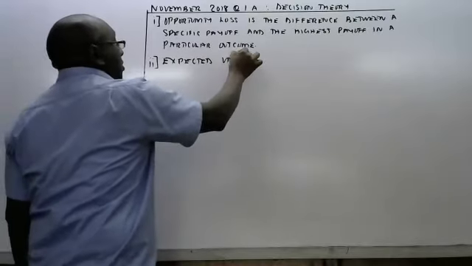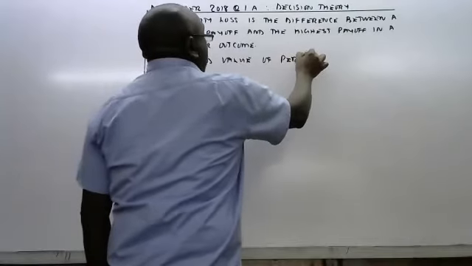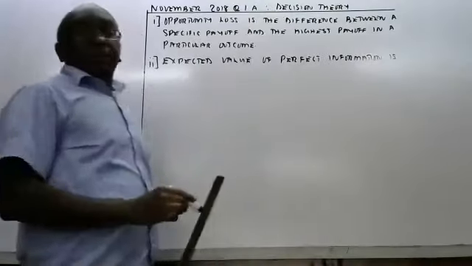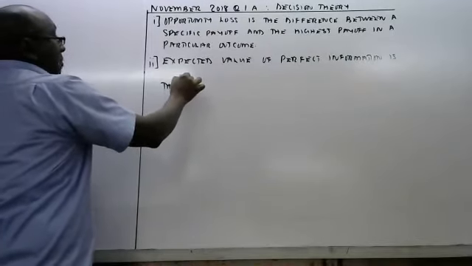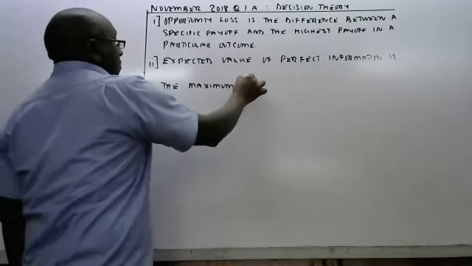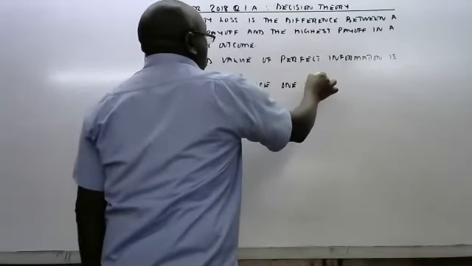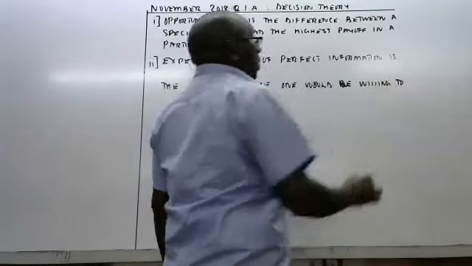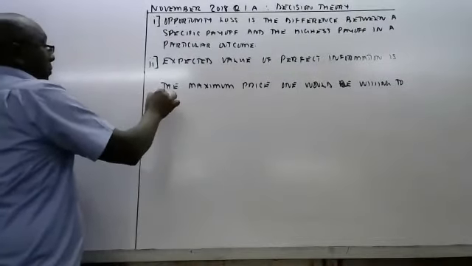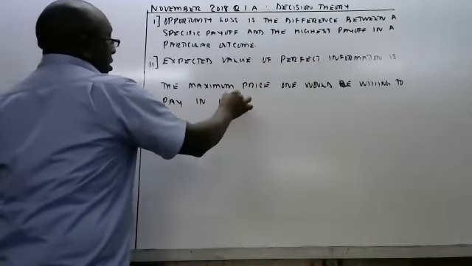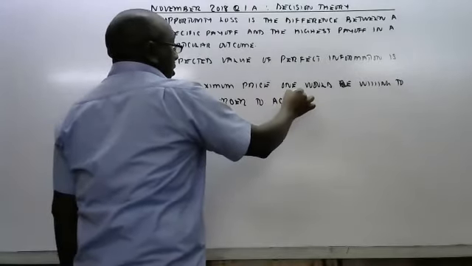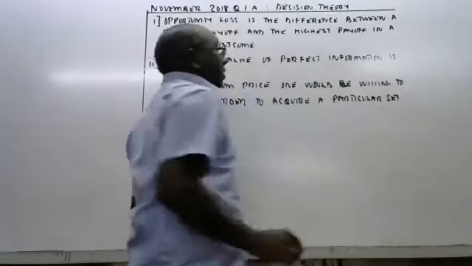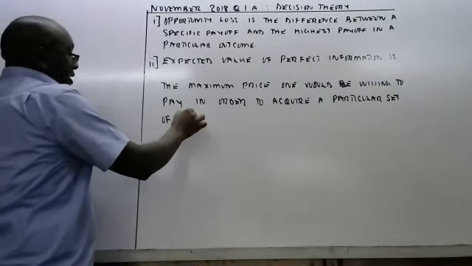Expected value of perfect information is the maximum price one would be willing to pay in order to acquire a particular set of information.